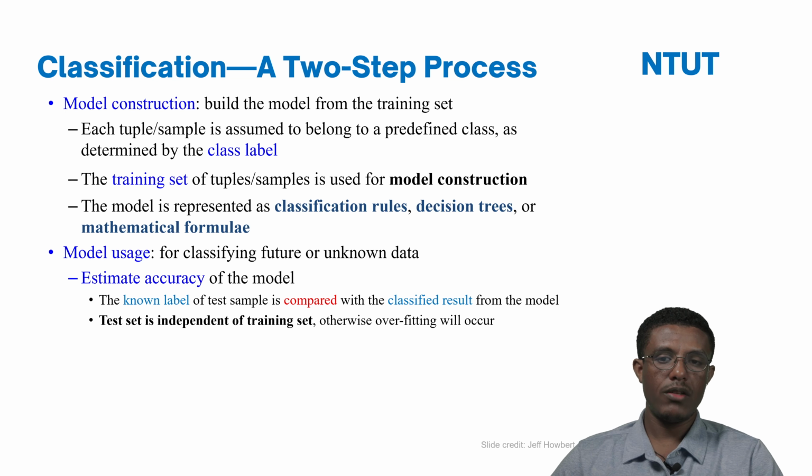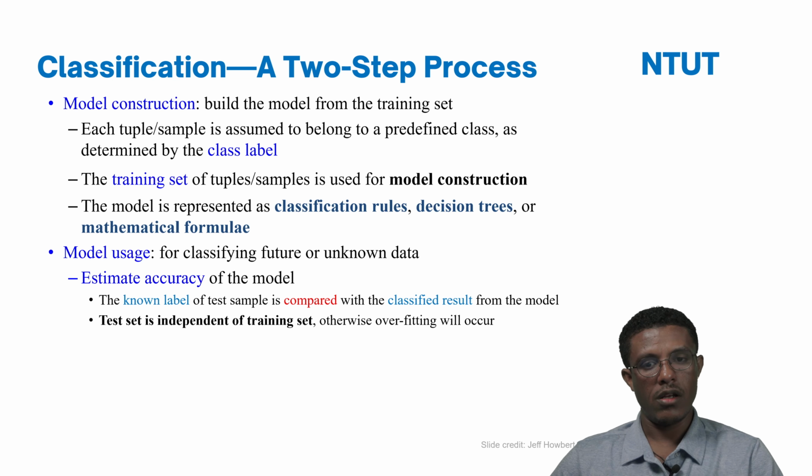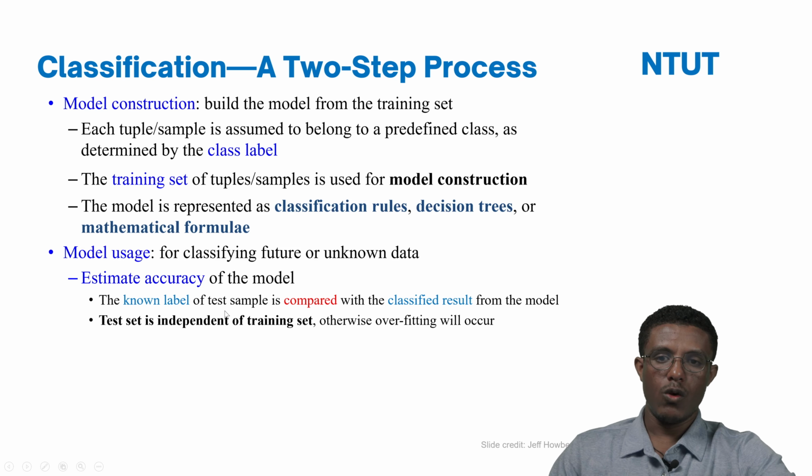If the accuracy is good, we can continue to use that model. If the accuracy is not good, we try to tune different parameters in order to improve the performance. The known labels of the test samples are compared with the classified results from the model.